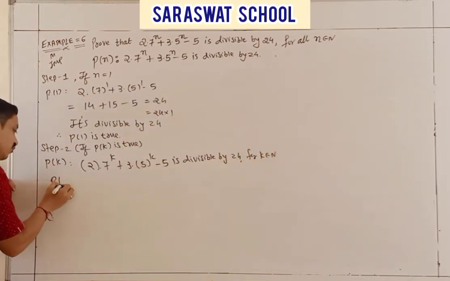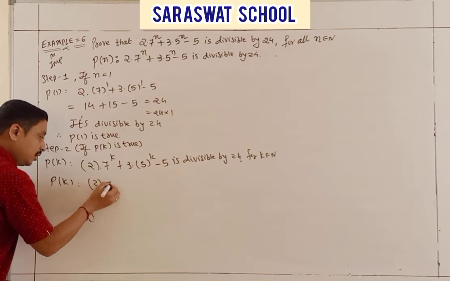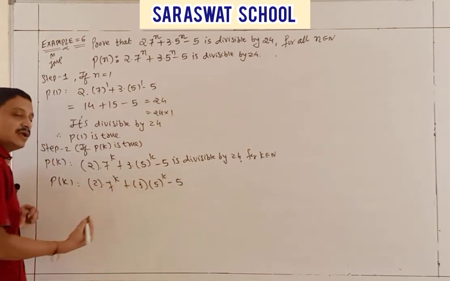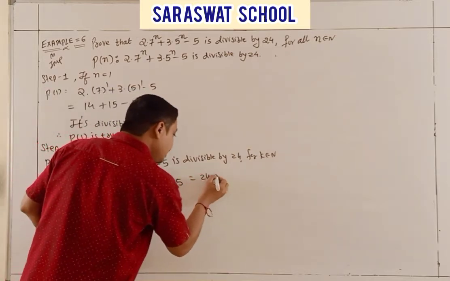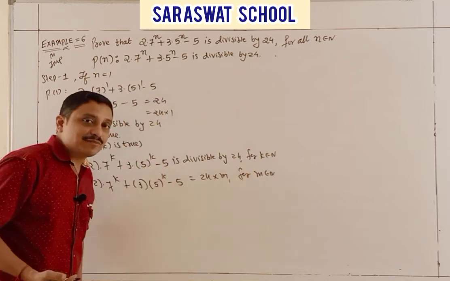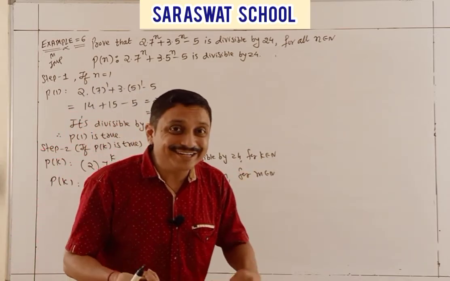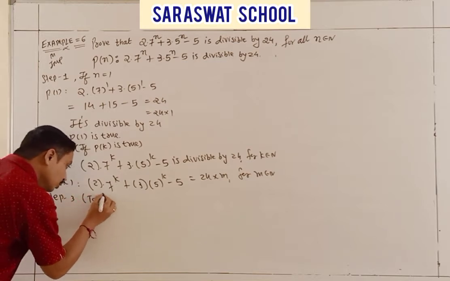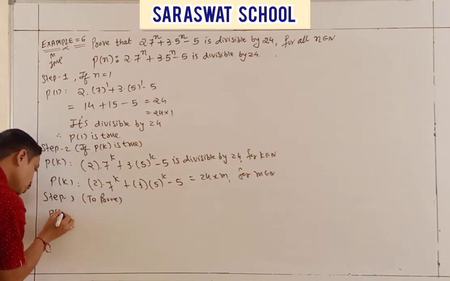And what is the meaning of that? It means just that it is divisible by 24. So we can say it equals 24 into m, where m is a natural number. So now step 3, to prove. So what is there to prove?